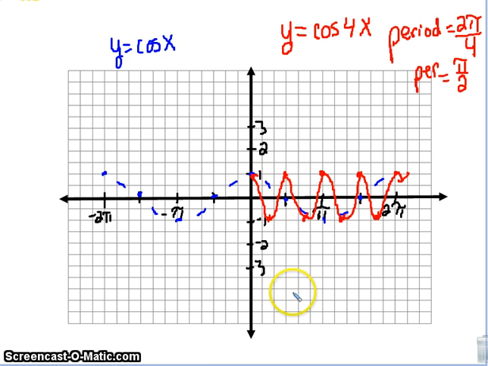Every half a pi, I'm going to go from 1 all the way down to -1 and then all the way back up to 1.